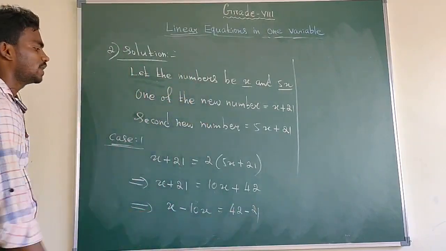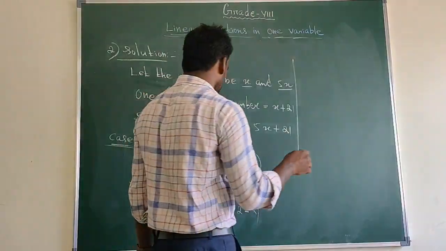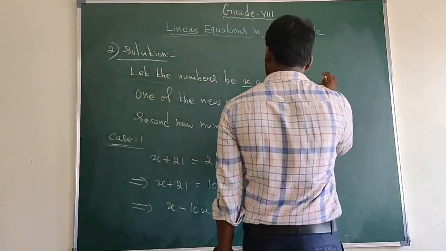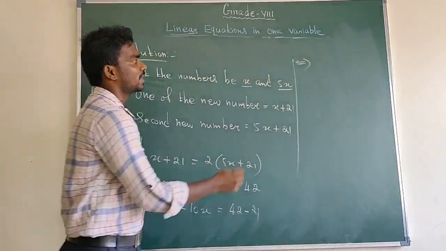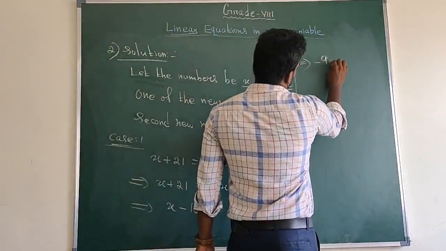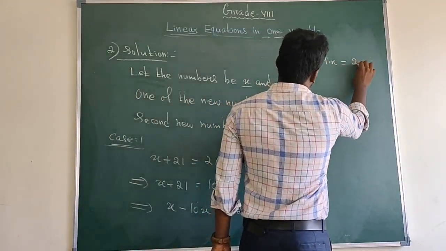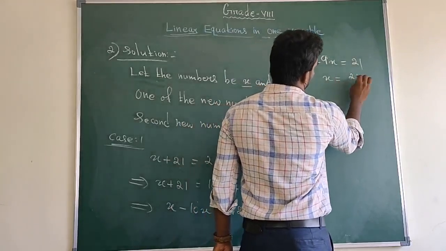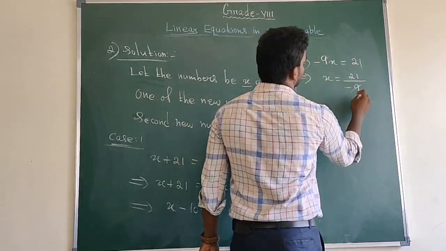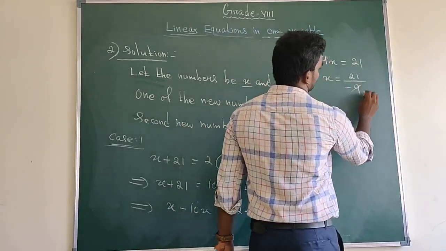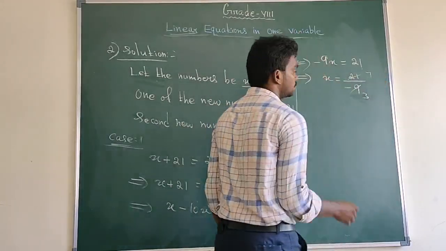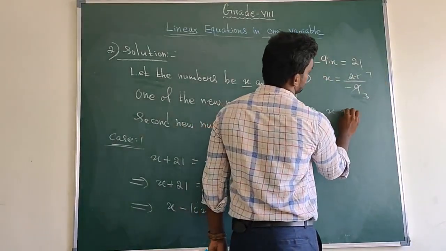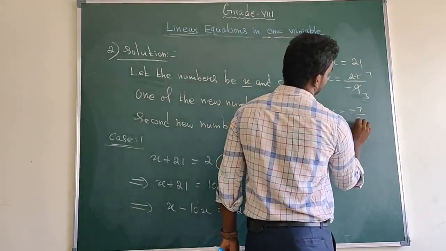So what is the value of 42 minus 21? That is 21. So which implies x minus 10x, that is minus 9x, equal to 21, which implies x is equal to 21 divided by minus 9. So we can divide by 3, 3 3s are 9 and 7 3s are 21, which is equal to value of x is equal to minus 7 by 3.